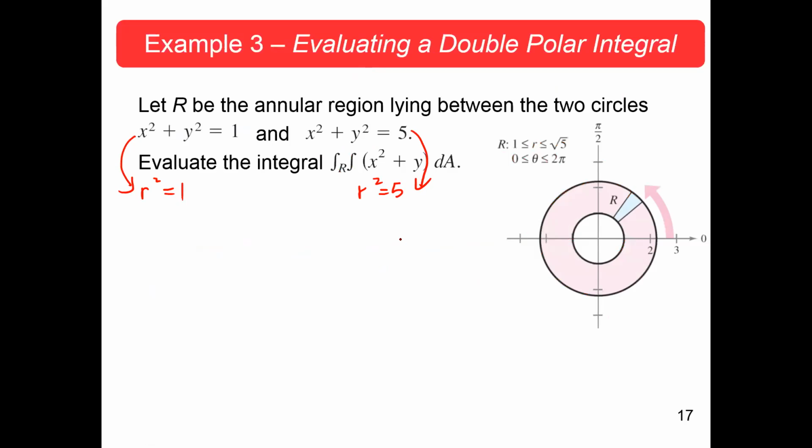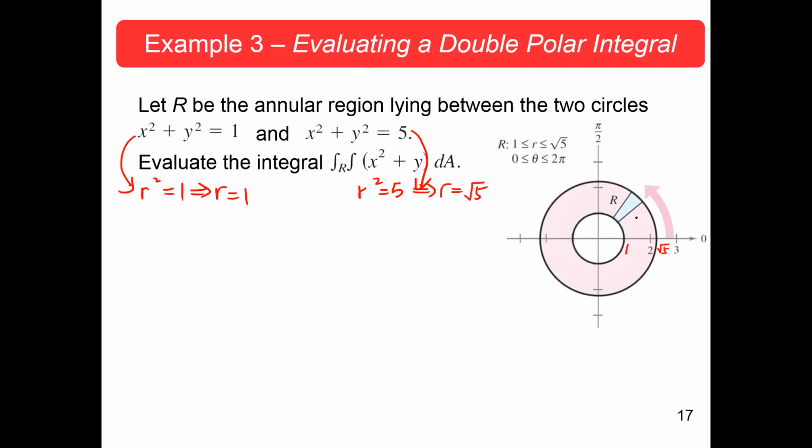So the inner circle has radius 1, and the outer circle has radius root 5.